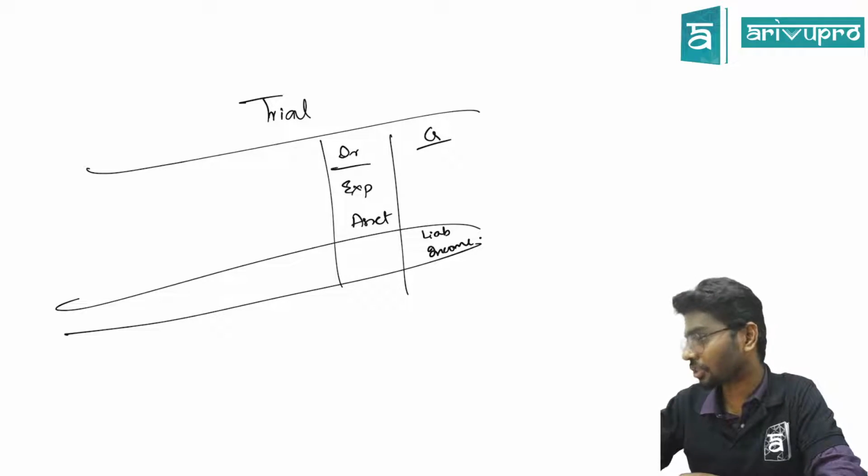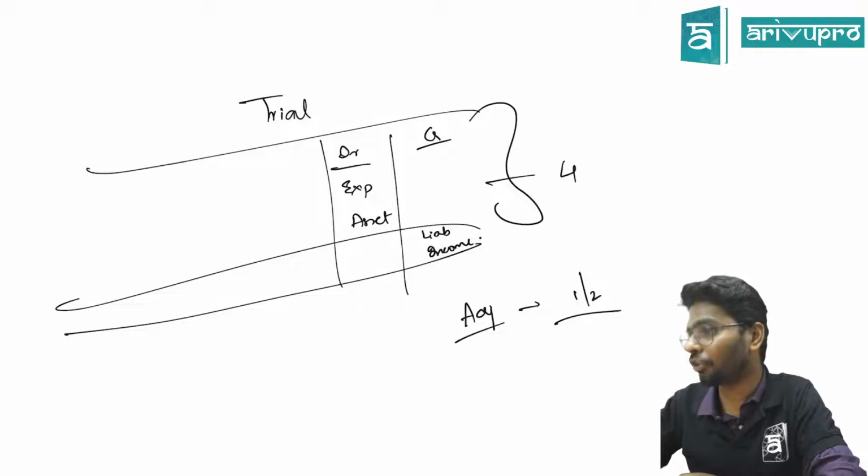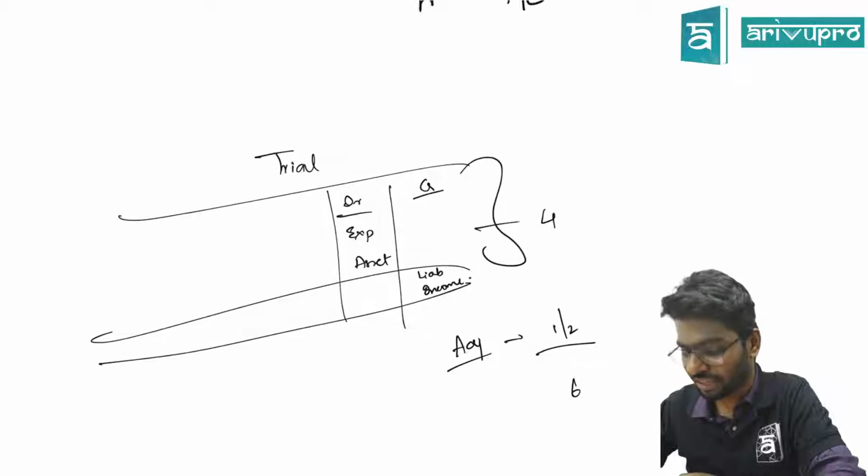You know what has to be done. Then you do adjustments. Each adjustment will carry 1 to 2 marks. This classification will carry 4 marks. So basically you will have 6 adjustments plus 4 for your easy classification, a 10 marks question. This is the one which comes frequently.